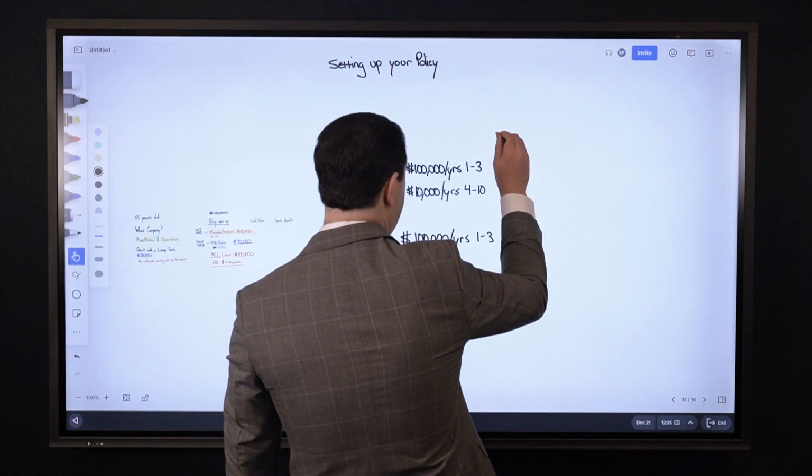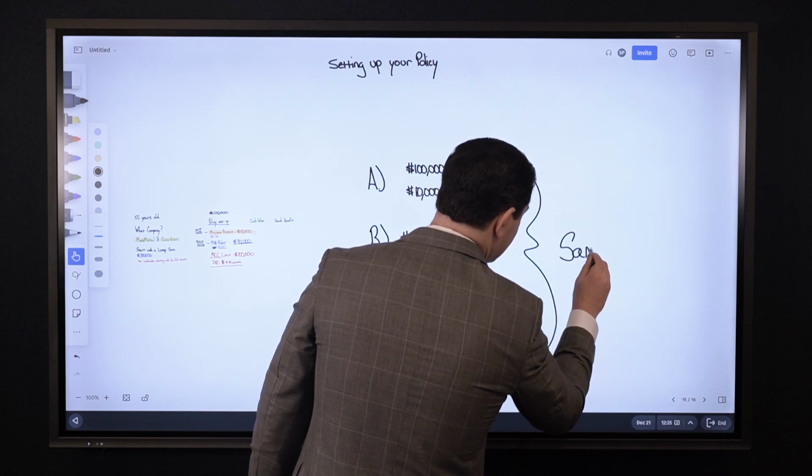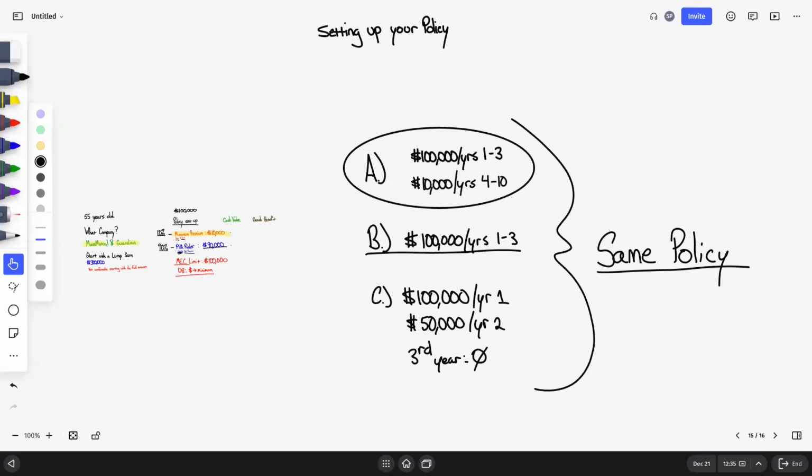And options A, B, and C all display the exact same policy. And we're looking at scenarios that illustrate changes assuming she already has it active. So pretend this is you. You plan to do this. You thought you could. Life happened, and you want to stop after 3 years.